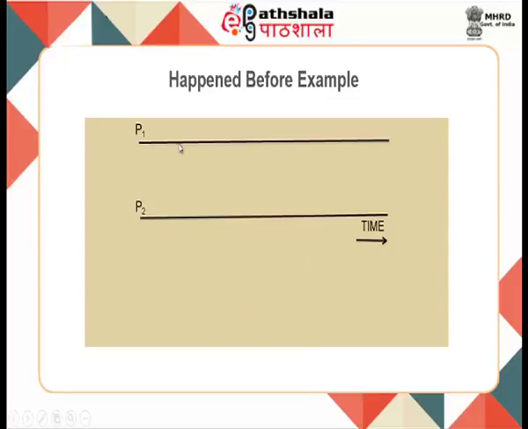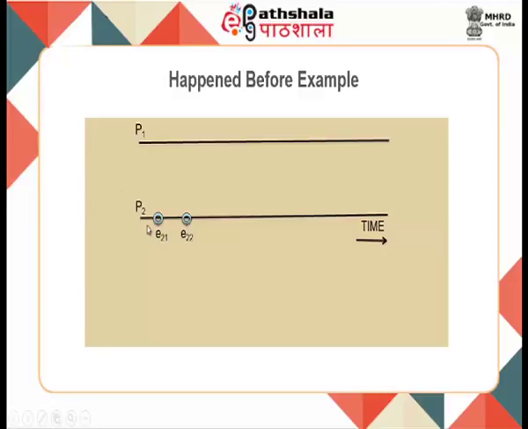So, here is a time diagram example. P1 and P2 are two processes. E21 is an event happening in P2, E22 is the second event. We frame this as Eij, where i is the process ID and j is the jth event in the ith process.